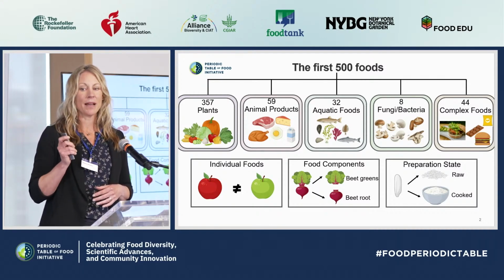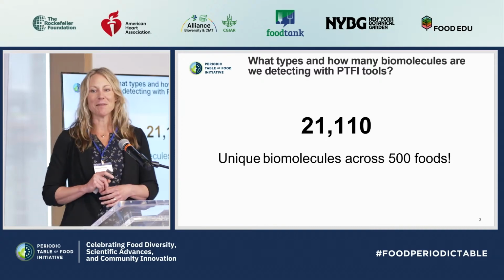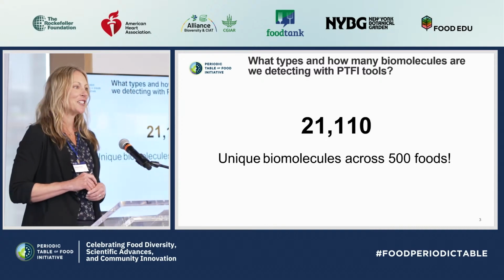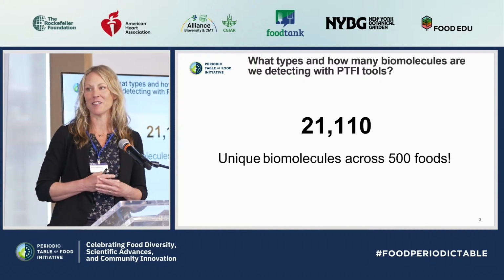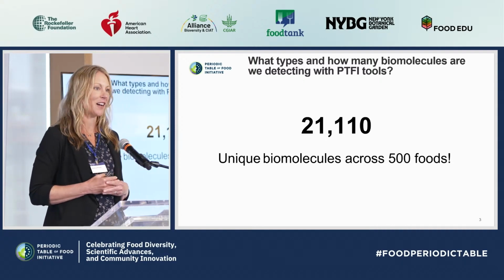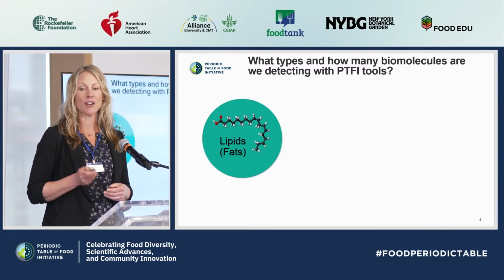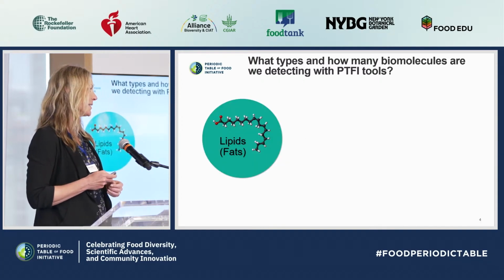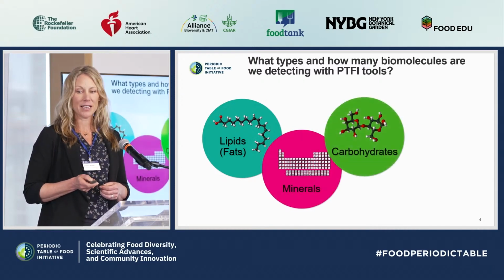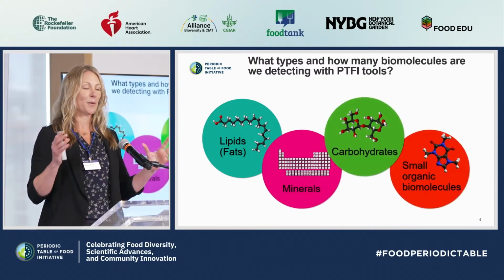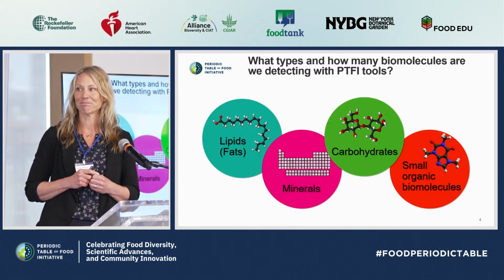Using the standardized tools, if we think about all of them, we have detected 21,110 unique biomolecules across all 500 foods. This number includes all the molecules, so it includes the lipids, the minerals, the carbohydrates, and also those small organic compounds that Stephen Shiming just told us about.